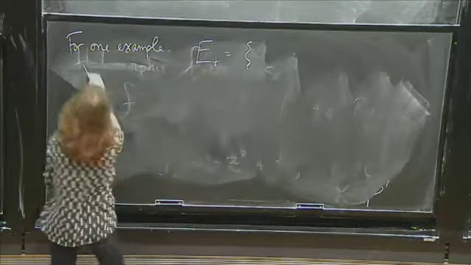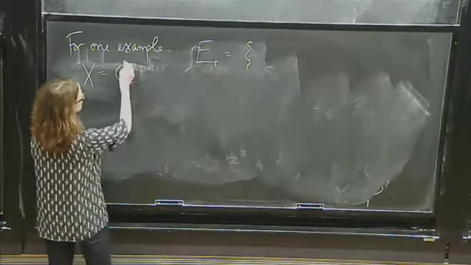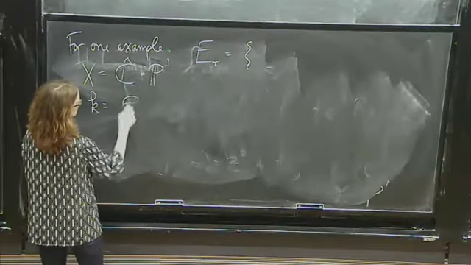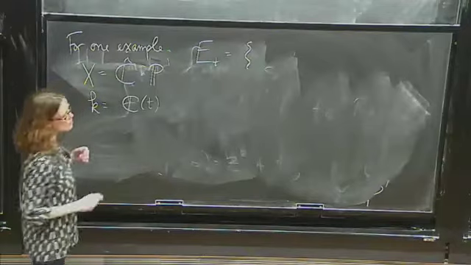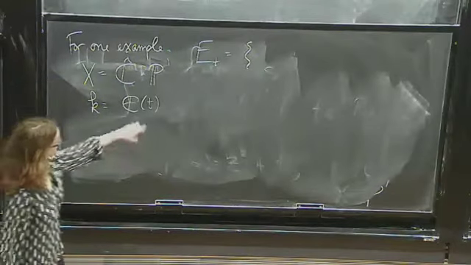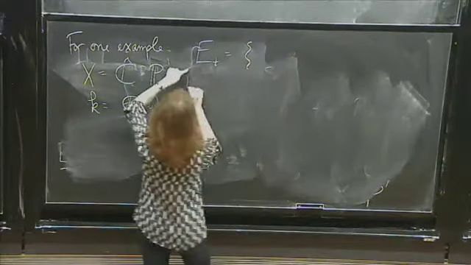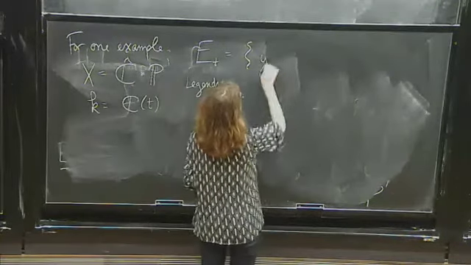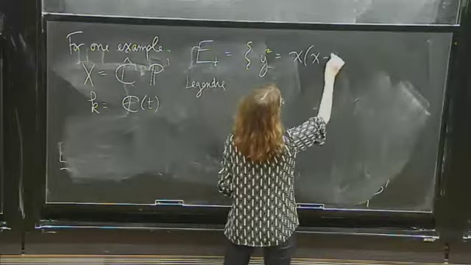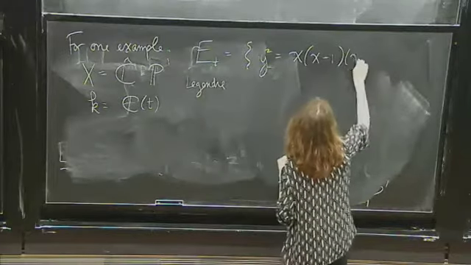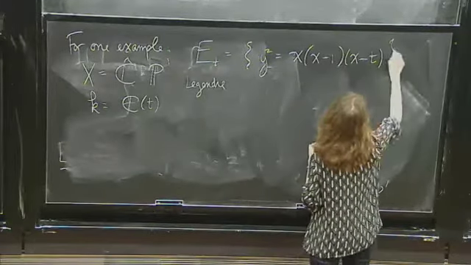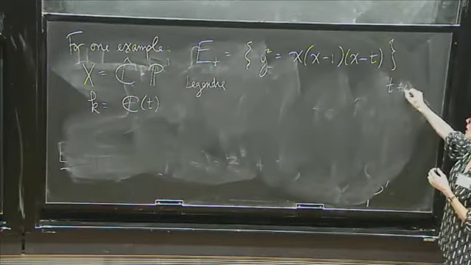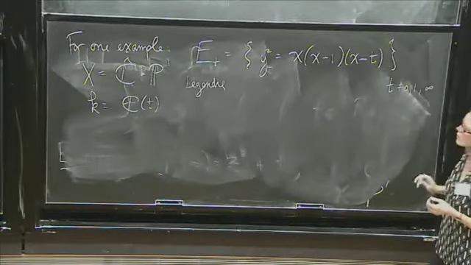So let X be the Riemann sphere, P1. And so what is the field? The field is just the field of rational functions in a parameter T. And I'll do this for the Legendre elliptic curve, which is the following: x times x minus 1. It's not written quite in Weierstrass form here. This is smooth as long as t is not equal to 0, 1, or infinity.